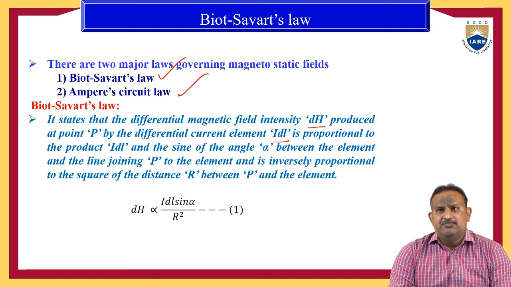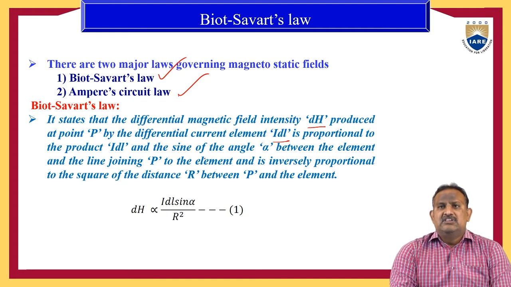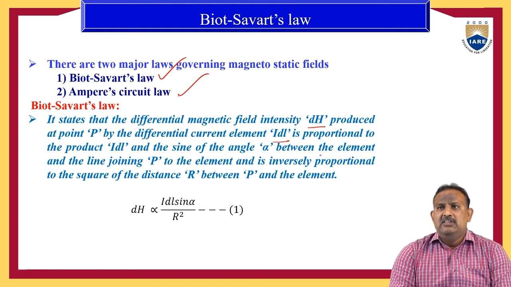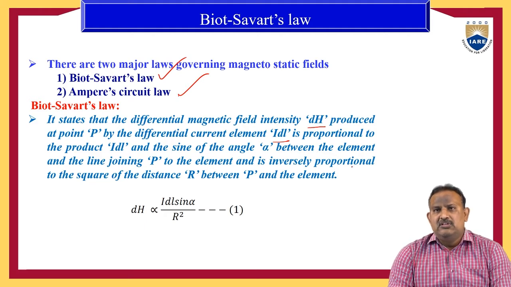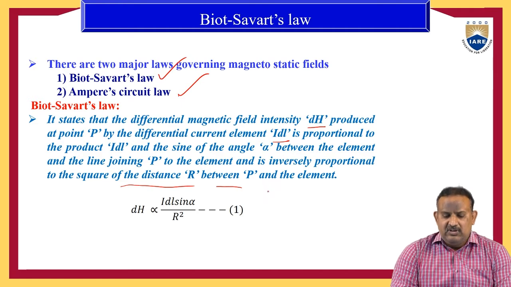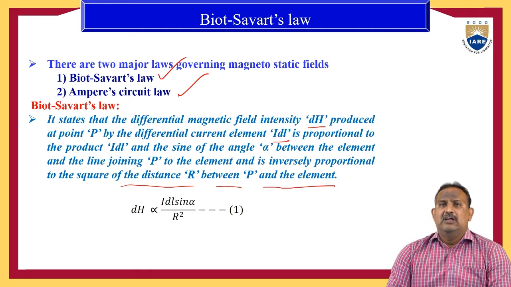Here dH is proportional to the differential current element IDL, and proportional to the sine of the angle alpha between the element and the line joining point P to the element, and inversely proportional to the square of the distance R between P and the element. This is the statement of Biot-Savart's law.